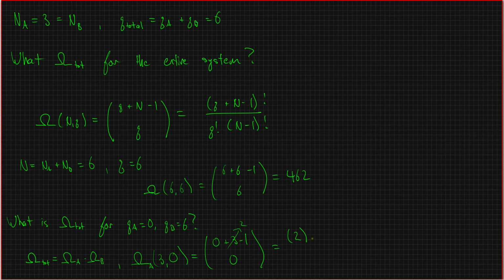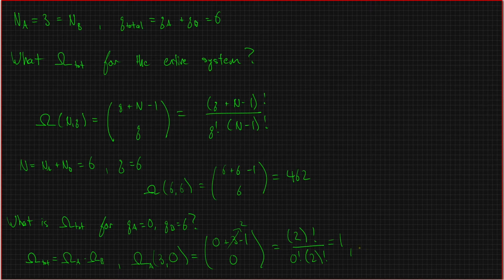So this is 2 factorial all over 0 factorial times 3 minus 1, 2 factorial. What's 0 factorial? Yeah, 0 factorial is 1. So obviously the multiplicity for it to have no energy, there's just one way, right? So we've got A.